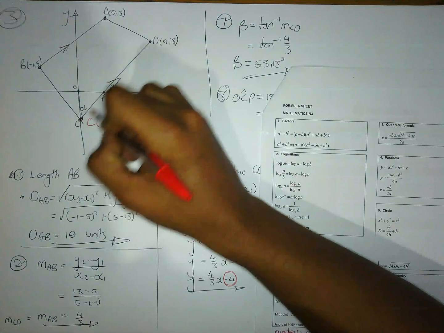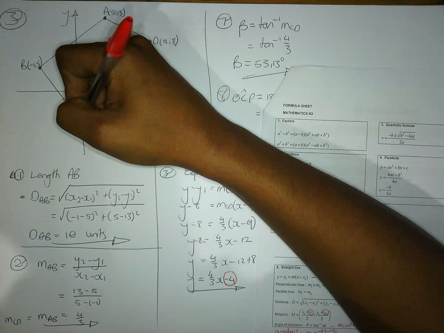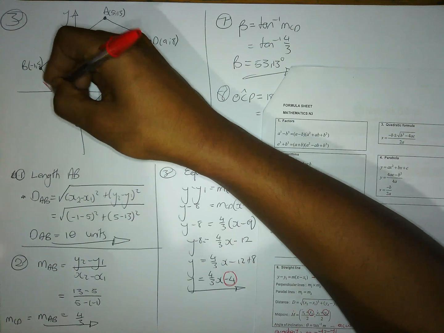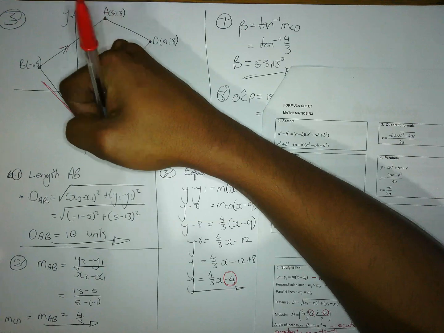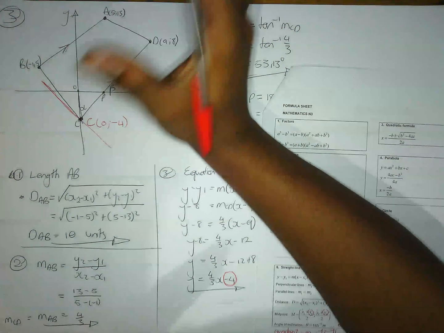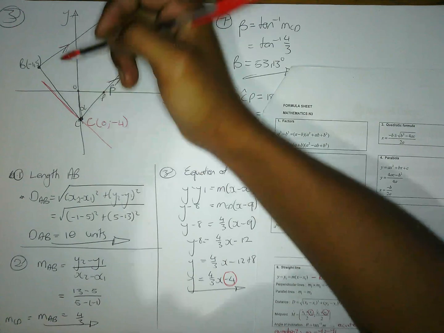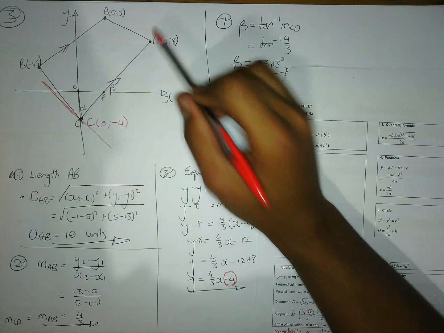So this is our CD over there. They are saying this line is perpendicular to the line CD. This line here they're talking about. It's passing through point C and it's perpendicular to line CD.